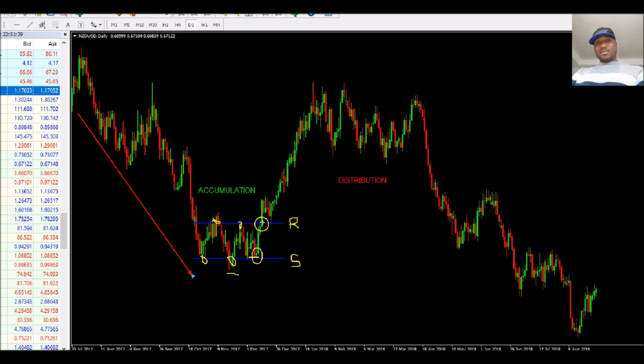So now if you buy here, you are buying with the banks, you're buying with the top traders, you are buying with the traders who are on the winning side. And sometimes amateur traders luckily jump in at this point without even knowing that they are buying with the bank traders, or the top 5%, and they make profit and they are happy.